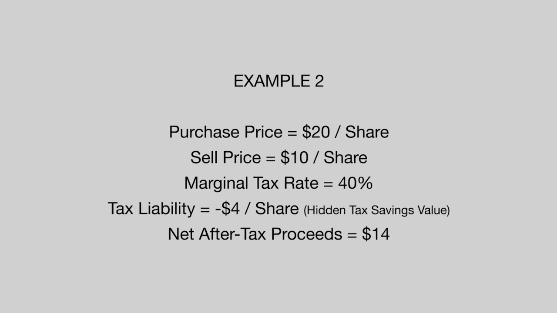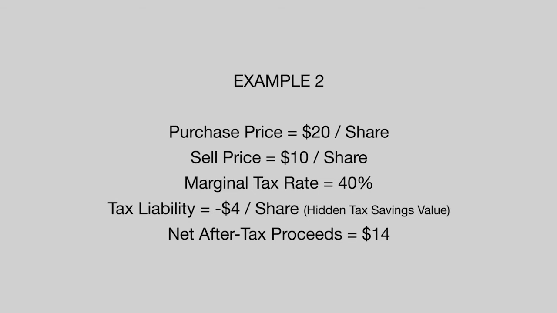Now let's look at a stock that is underwater. Let's say an investor purchased a stock for $20 a share and later sells it for $10 while in a 40% tax bracket. Some might say the investor would only wind up with the $10 price they received in the market when they sold it, since the stock was a loss, correct? Actually, Efficient Tax calculates it differently.